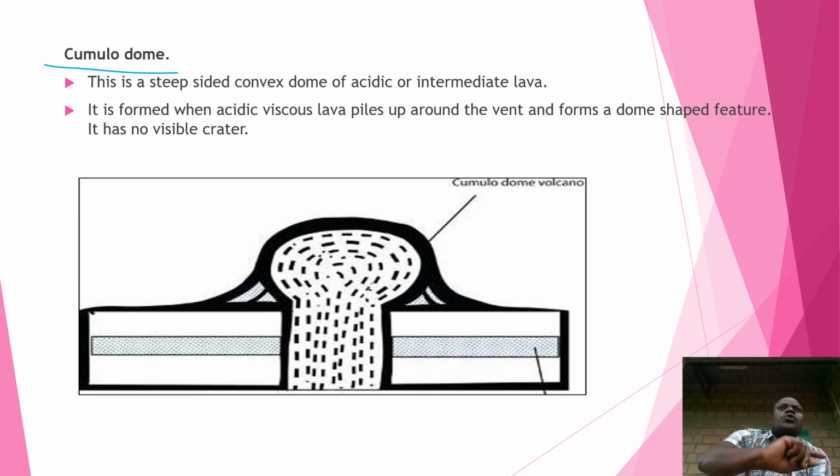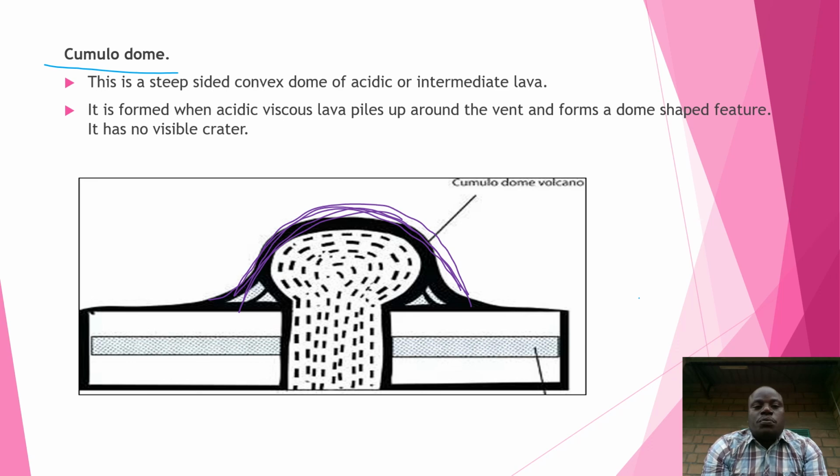Something with a dome shape is round shape. So when you check on the diagram, this is a dome shape we mean. It is not steep, it is just round like a dome shape.